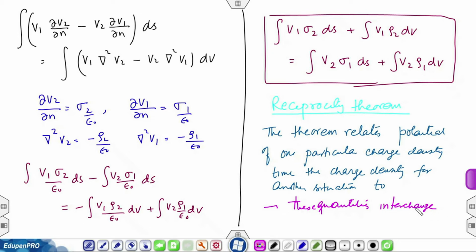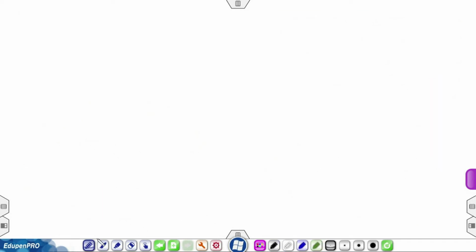So, I took V1 for charge density rho 1 and multiplied by the other charge density sigma 2 and rho 2, and related it to these quantities interchanged. This is known as the reciprocity theorem, and it can be used in certain situations to find charge densities in a particular situation using some other situation for the same geometry. Let us first do an example of that, and then I will derive this and interpret it in terms of the energy calculation. So, let us do an example.